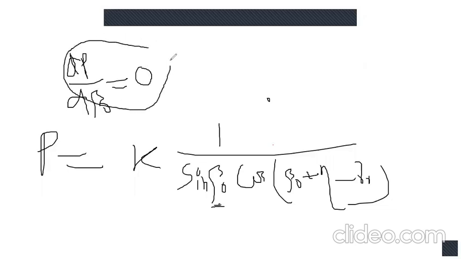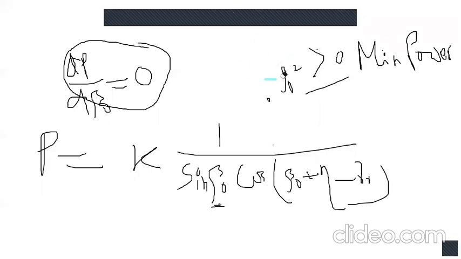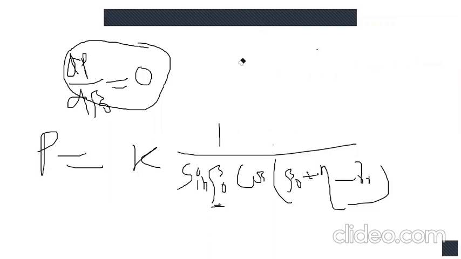Again if we take the derivative, d2p by d beta 2 greater than 0, this is the case for minimum power. Okay, now let's check. First of all, we calculate the minimum power consumption condition, dp by d beta.